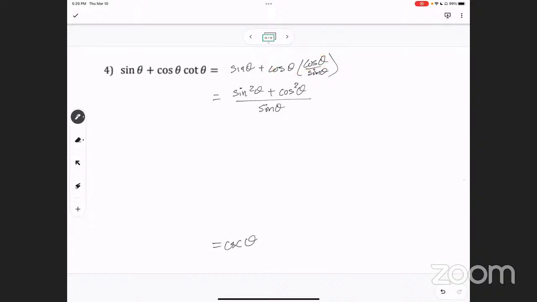Good. Now I see how this is gonna clean up. So sine squared theta plus cosine squared theta equals 1. Good. So it's gonna be 1 over sine theta, which is cosecant theta.